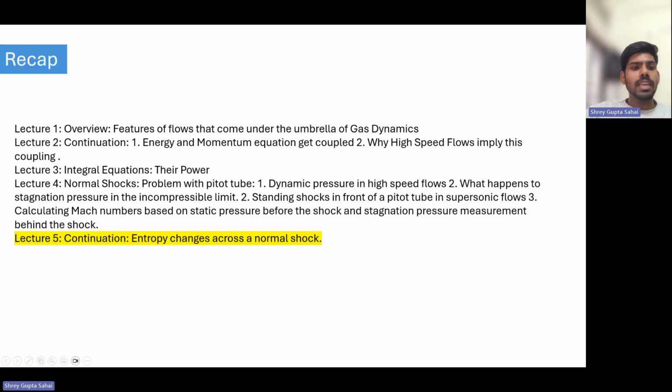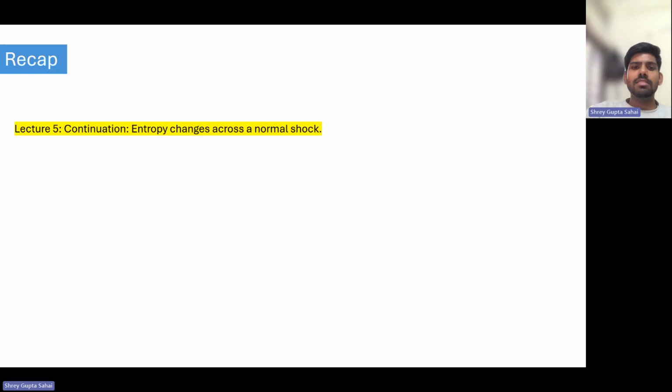Let's begin with the recap. So last time we did a recap of all the lectures. So let's do the lecture recap of last lecture, lecture 5. The first thing we did was to look at the entropy generation associated with a normal shock. And as we would see, total temperature across a normal shock remains a constant.